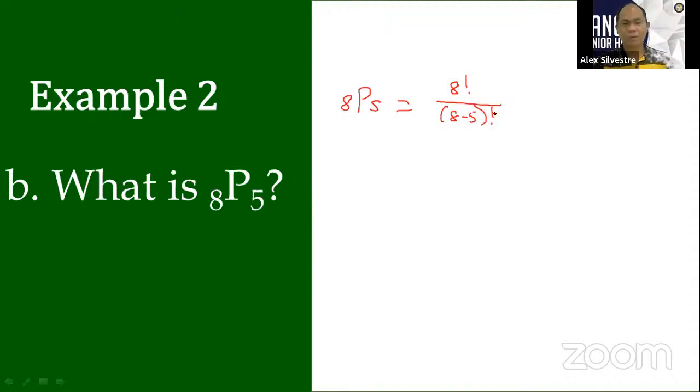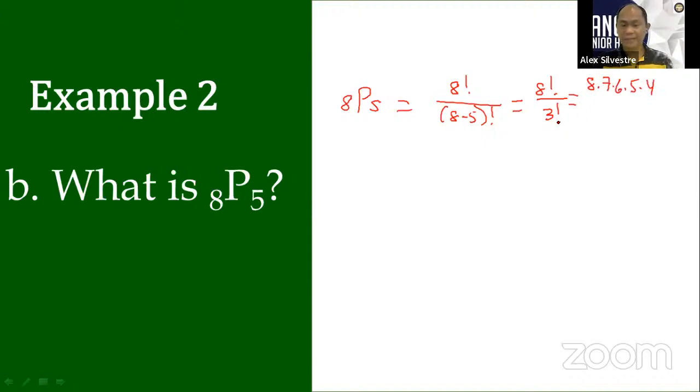Now, if you know already the concept, pwede nyo nang i-direct. So para mapaikli na ninyo, you can indicate immediately what will be the difference. Okay? Ibig sabihin, you come up now with 8 factorial, while the denominator, the difference, is 3 factorial. Then, what you do, you have to expand now. Ito starting from the number 8, decreasing until 1. 8, 7, 6, 5, 4.